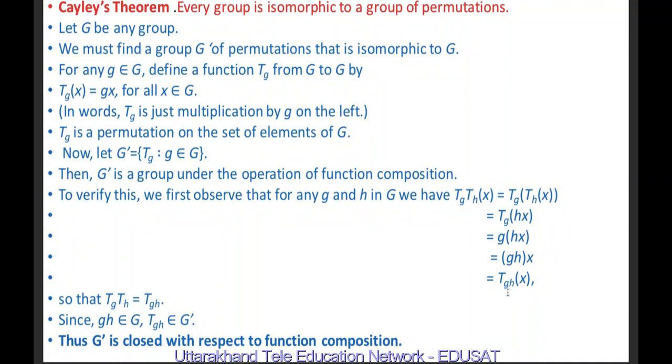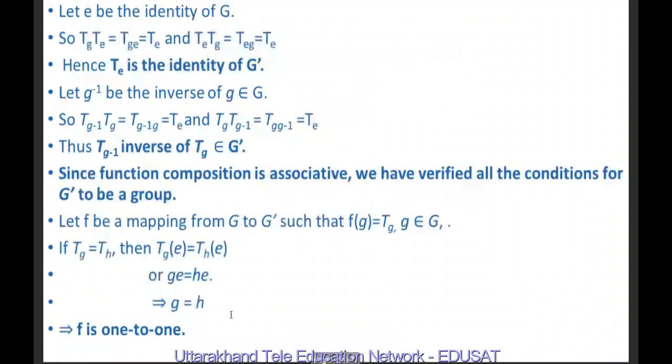It means Tgh(x). So we have proved that Tg into Th equal to Tgh. Since gh is an element of G, therefore Tgh belongs to G'. It means G' is closed with respect to function composition. This is the first property of a group.